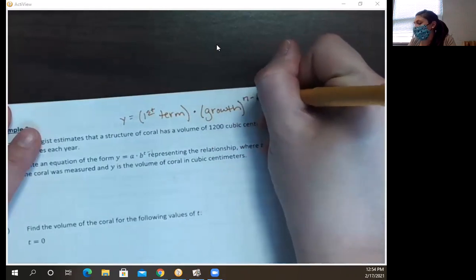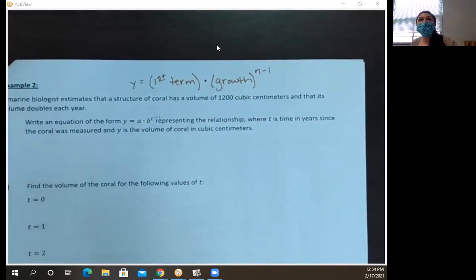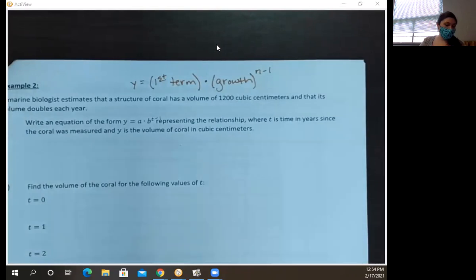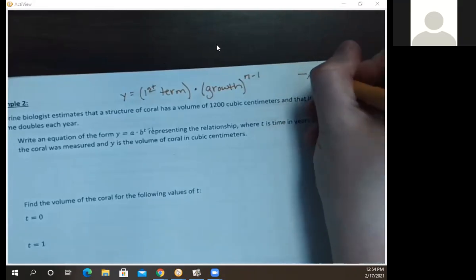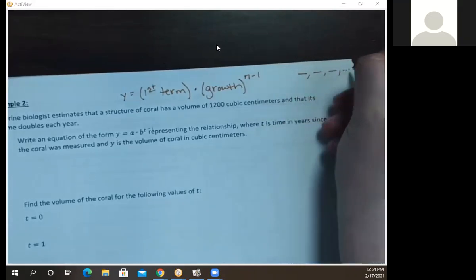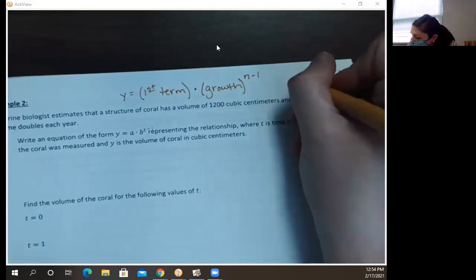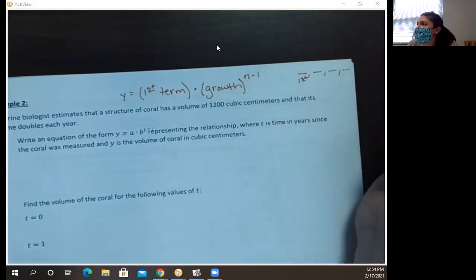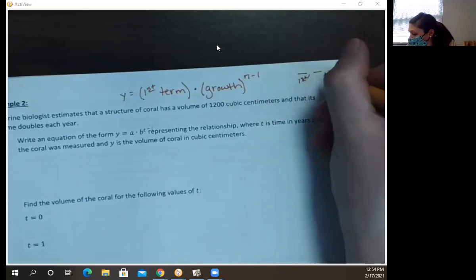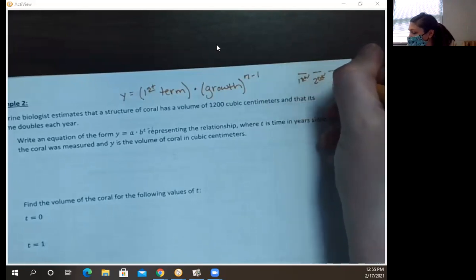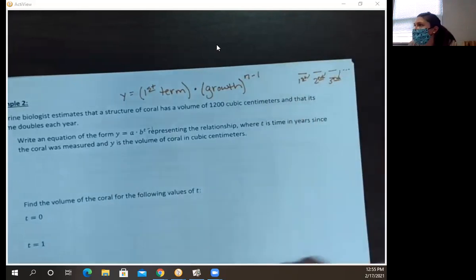We used n-1 generally. The reason that we usually used n-1 was because from our sequences, we had the first term in a sequence or the second term or the third term. We had some term in our sequence. And that sequence always started with a first term, right? Or we had a second term or a third term, so on and so on.